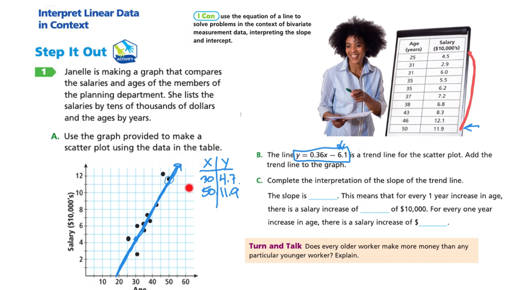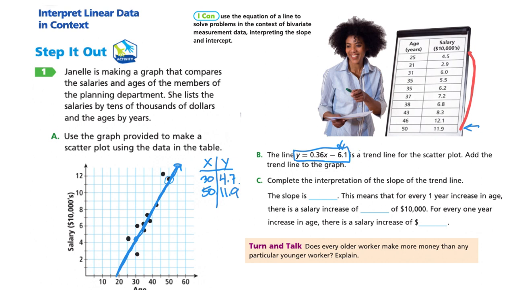So I created a table and I just chose values for x that I knew would keep me in this quadrant. You can pick whatever you want, but because this is the scale for age, I chose some of those numbers, and I chose 30 to keep the y in this quadrant as well.